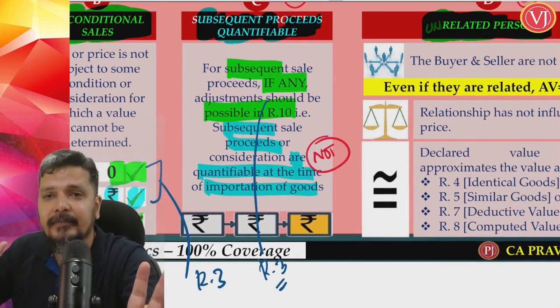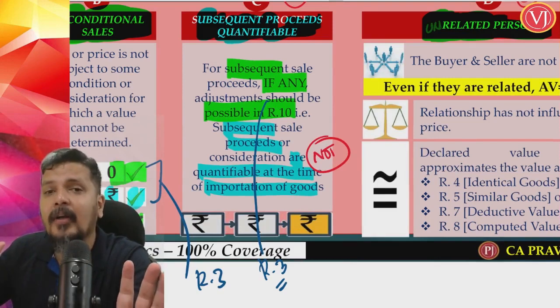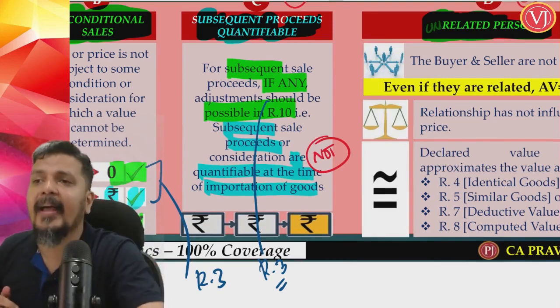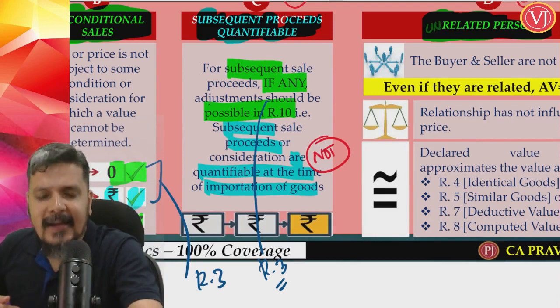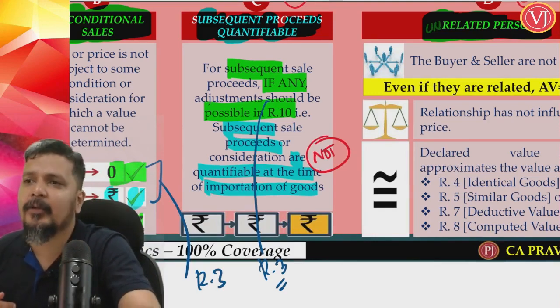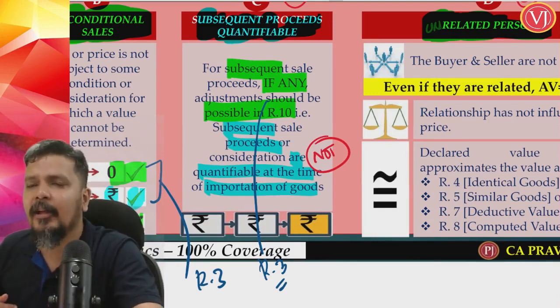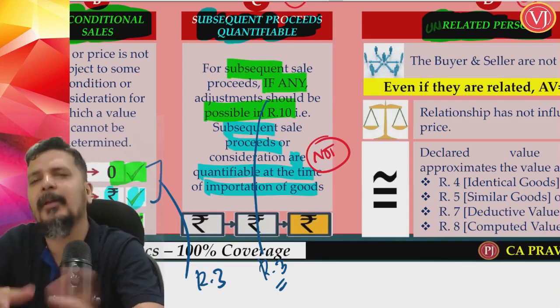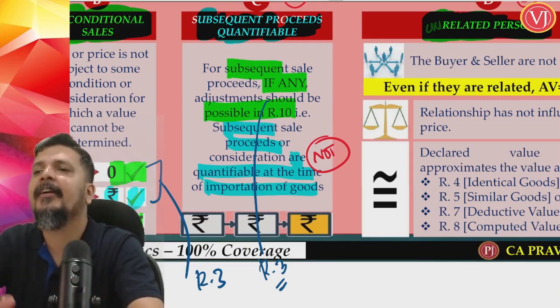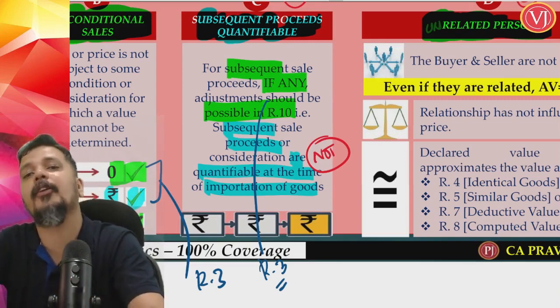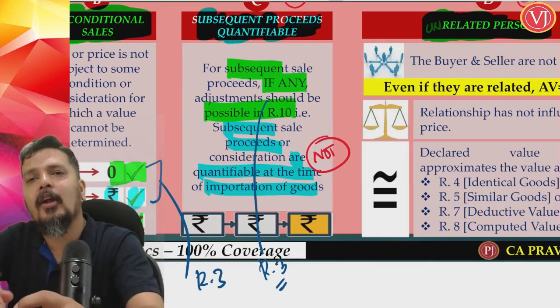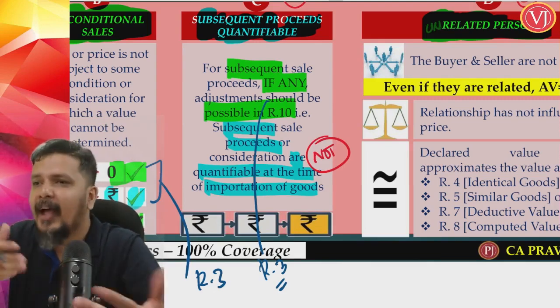assume that they are not quantifiable. You know that today I have to pay 1 lakh and I have to pay something later to the exporter of USA, but I am not able to find out that value now, because he might have said that pay me 10% of your proceeds after you sell. Now pay me 1 lakh, later on pay me 10% of the sale proceeds. I have not yet sold the goods.